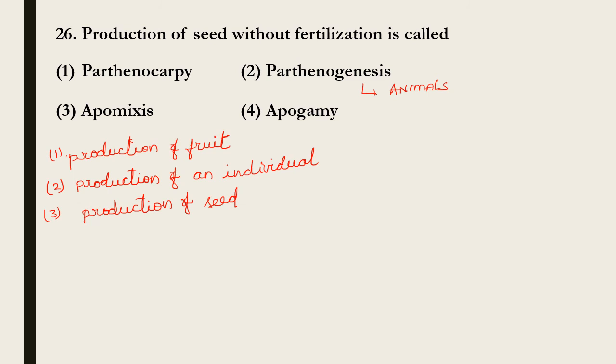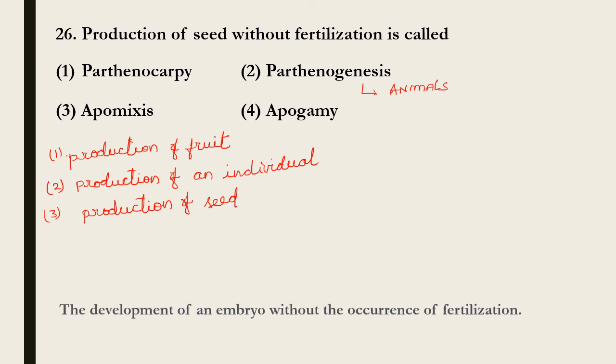And the fourth one, apogamy, is defined as the development of an embryo without fertilization. So the production of seeds without fertilization is called apogamy, sorry, apomixis. Option 3 is the correct answer.